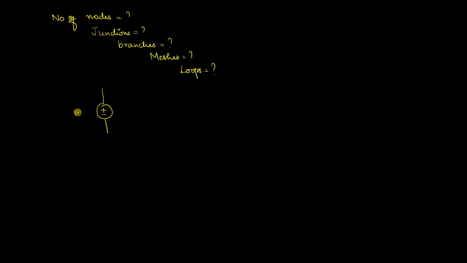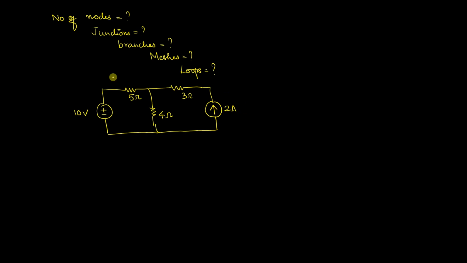So let me consider one voltage source of 10 volt, resistance of say 5 ohms, another resistance of 4 and another resistance of 3 ohms, and one current source of say 2 amps. Okay, you need to identify these basic terms that we just learned in this tutorial today.